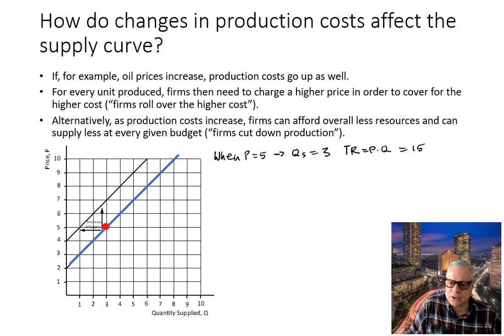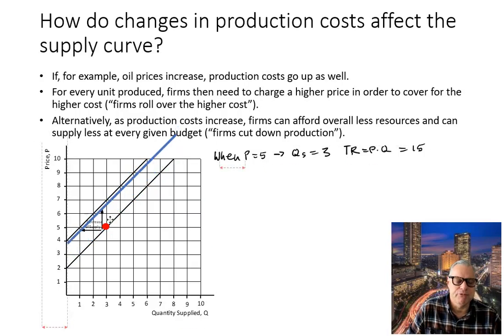If now at this total revenue of 15, the production costs go up and I have to pay more for my raw materials or energy sources, then with my given budget of 15, I can only produce much less. And that will explain why there's a shift to the left. But you can also say higher prices at every given quantity are being rolled over to the consumers.